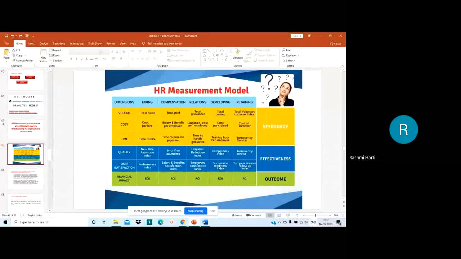Then when it comes to grievances, litigation cost per employee: you try to reduce the grievances so that too much cost spending on litigation and court hearings goes away. Then developing, cost per trainee: you should see to it that for how much you have spent on the training of the employees, you get back that much productivity or more.